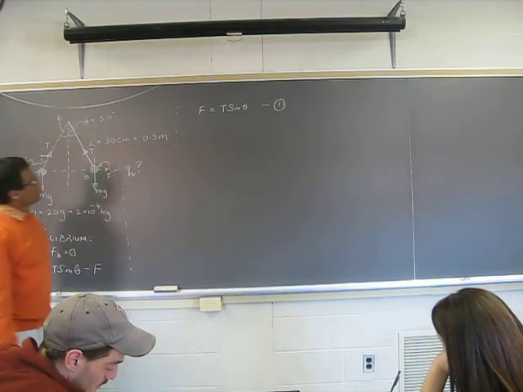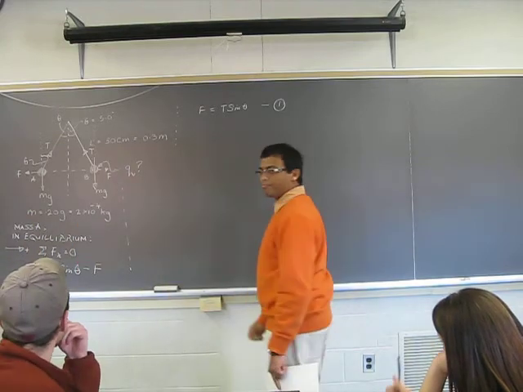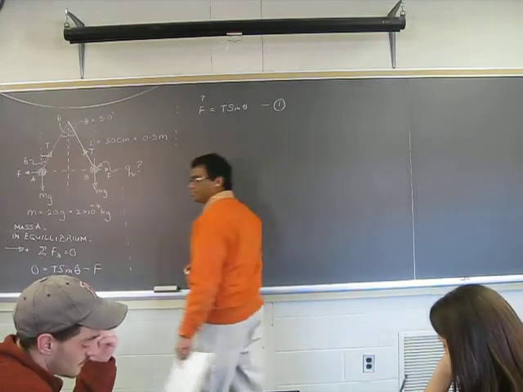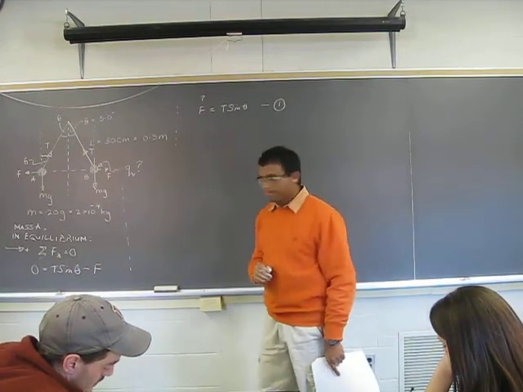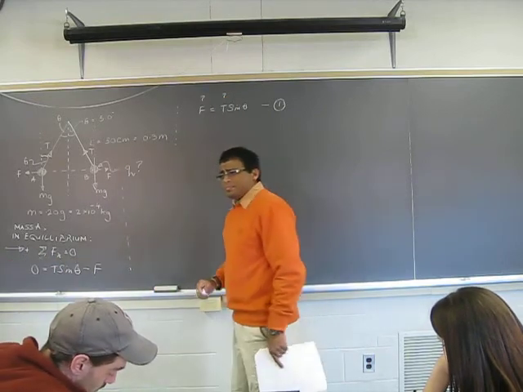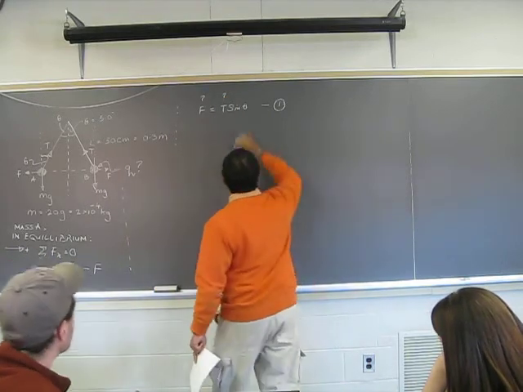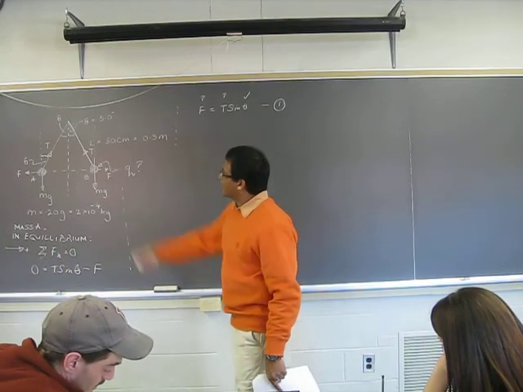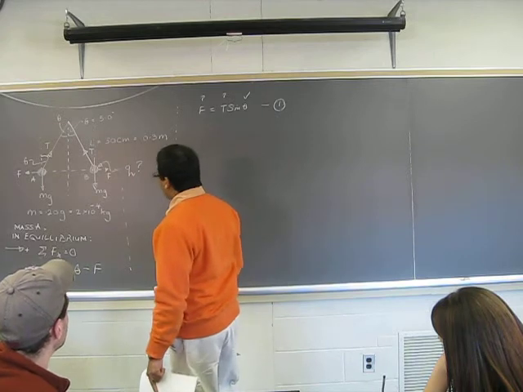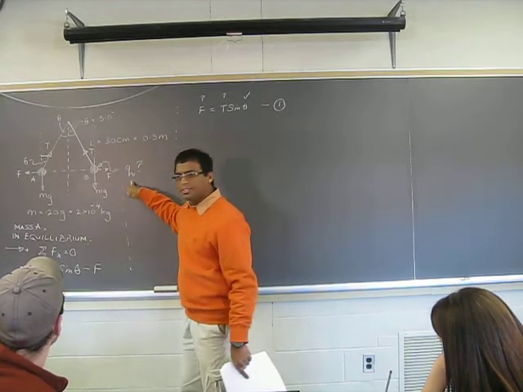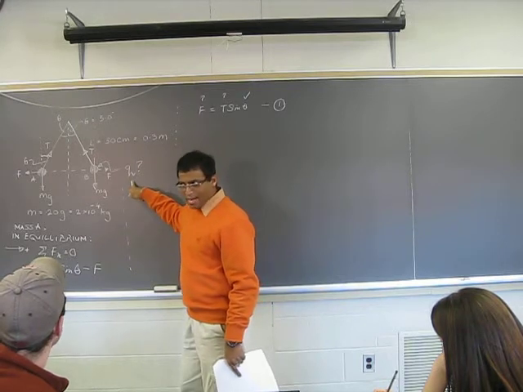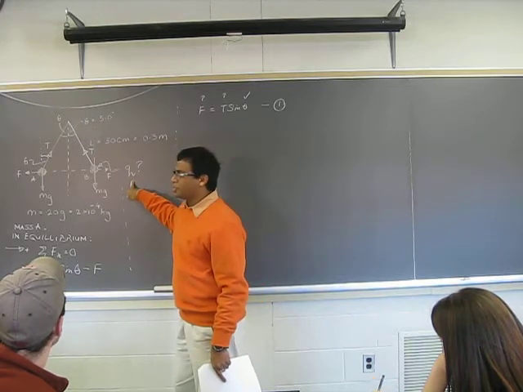Let's look at what we know. We don't know anything about this one. We actually don't know about this one too. But this part we know, absolutely, because theta is given. In order to find the charge, we know there is a formula that gives the force if the charges are given.